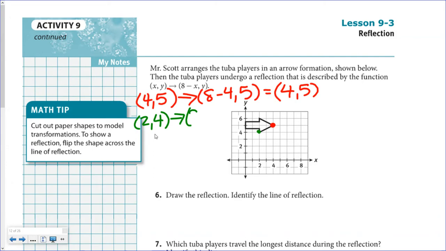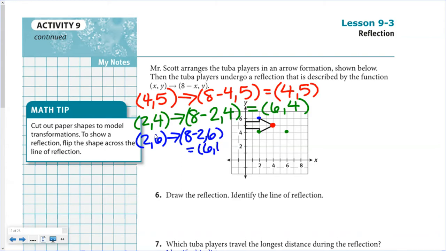If we apply this function, we end up with the point 6, 4, which is there. So you may be like, what is happening to my arrow? So let's do some more. Looking at the point 2, 6. If you apply the function, you end up with the point 6, 6, which goes there.